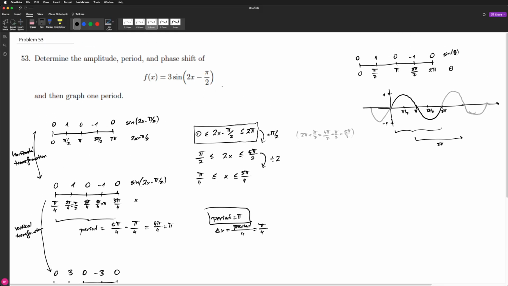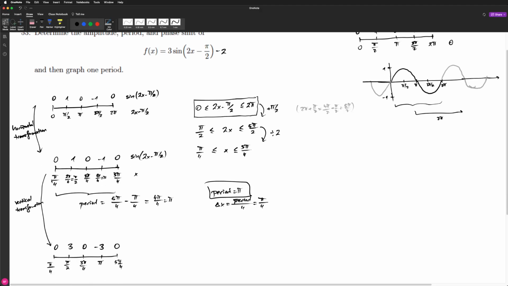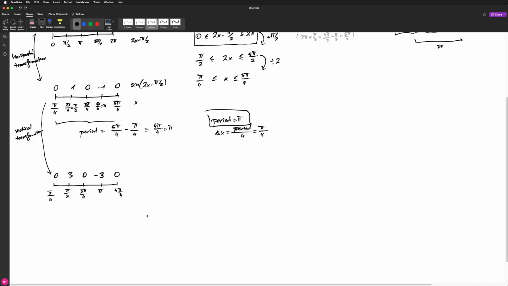If I had, I don't know, minus 2 here, I would multiply the numbers on top by 3, and I would subtract 2 afterwards. But I don't have that minus 2, so I stop here. And that's it. So if you have x, then the numbers on top will be values for 3 times sine of 2x minus pi over 2.